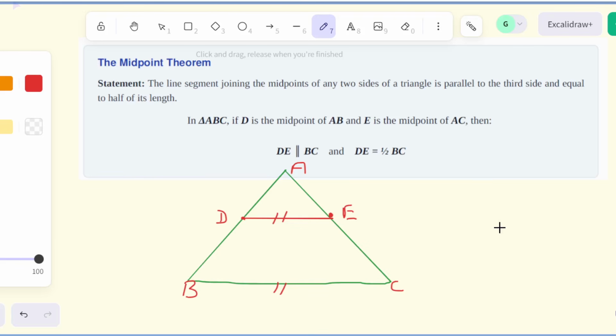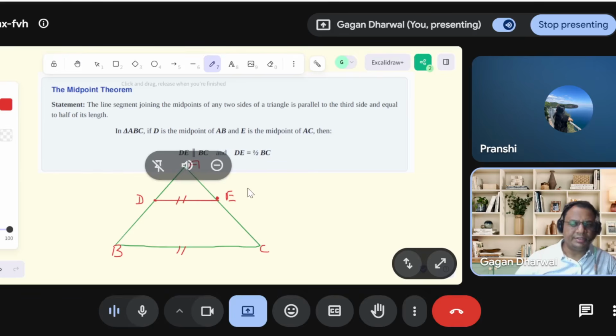So what the midpoint theorem says is that if you join the two midpoints of the sides of a triangle, then the resulting line will be parallel to the third side, which is BC, and it will be exactly half of it.